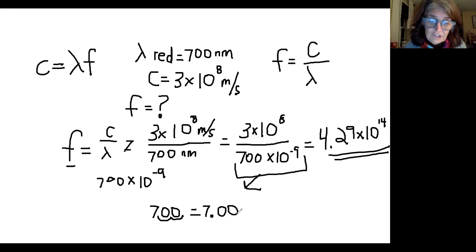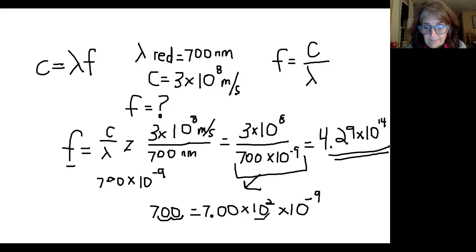What would I need to do to this number to get it to look back like our original number? Well, obviously we need to move that decimal place 2 to the right. So here's the number that 700 looks like. And then don't forget, we're multiplying that by 10 to the negative 9.